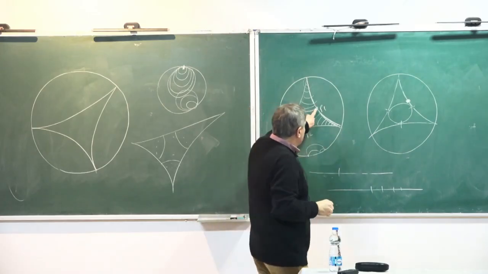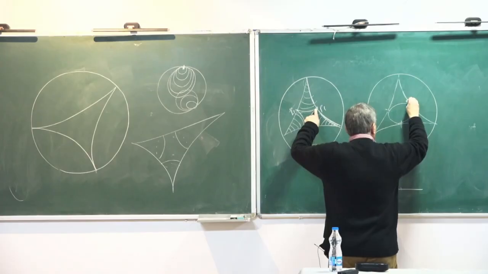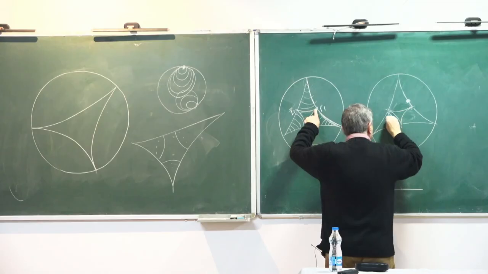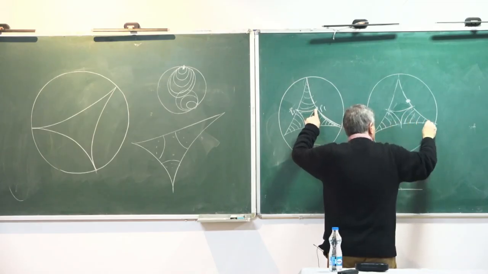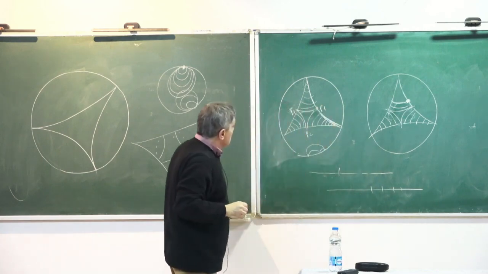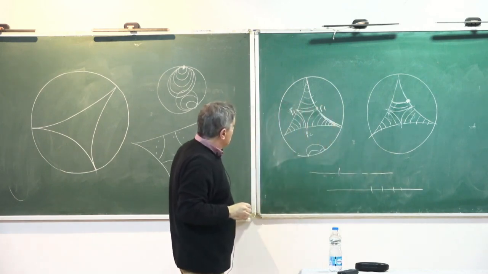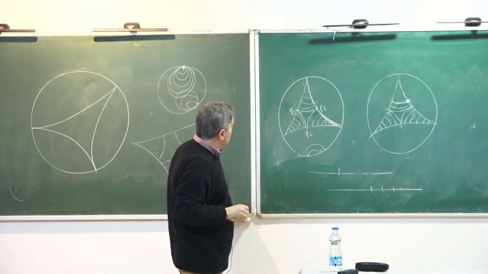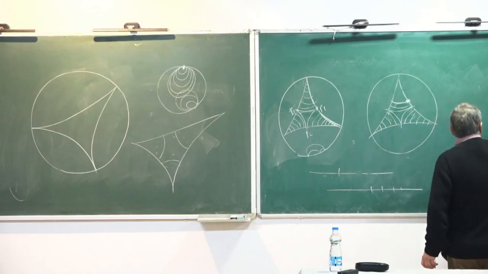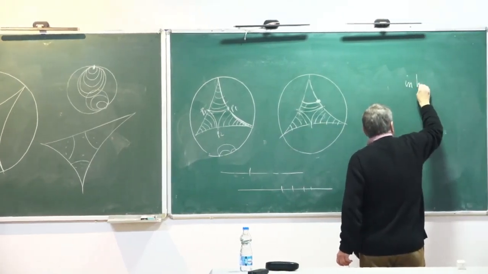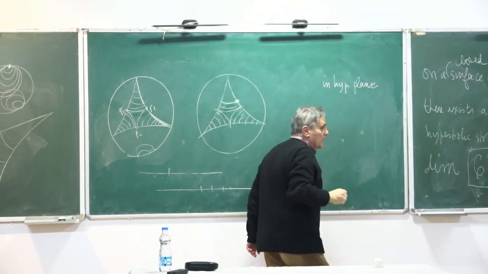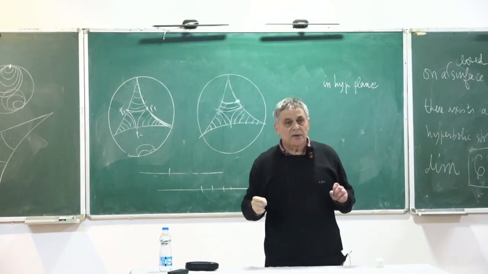And I am gluing P1 to this point here. And there's also the foliation by horocycles. Now the property I want to use is a property of distances in the hyperbolic plane. You can make computations in the hyperbolic plane.